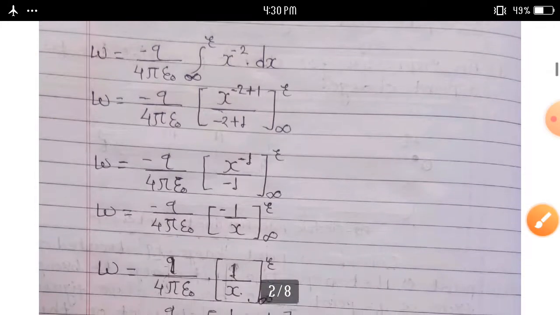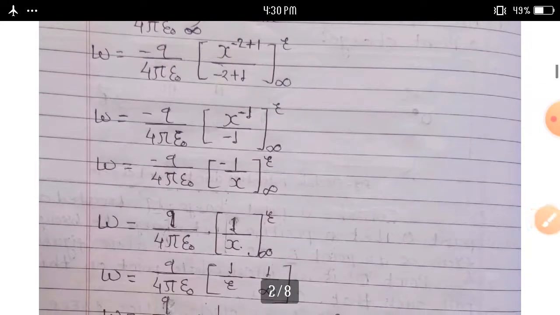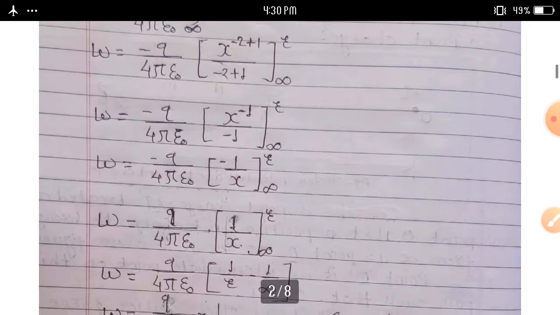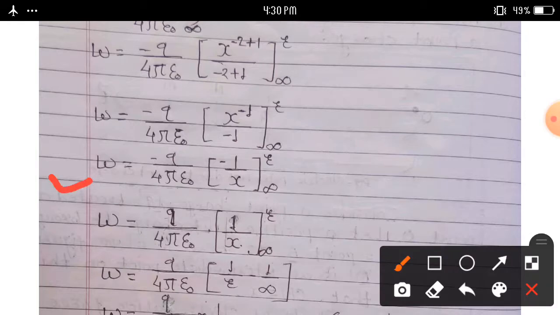Then W is equal to minus q upon 4 pi epsilon naught into x raised to minus 1 upon minus 1, which we can write as minus 1 upon x, with upper limit r and lower limit infinity.